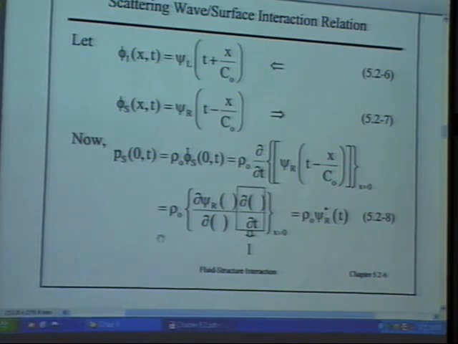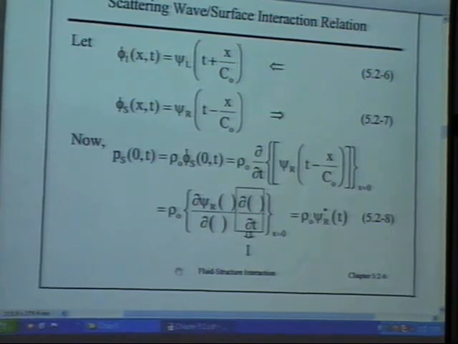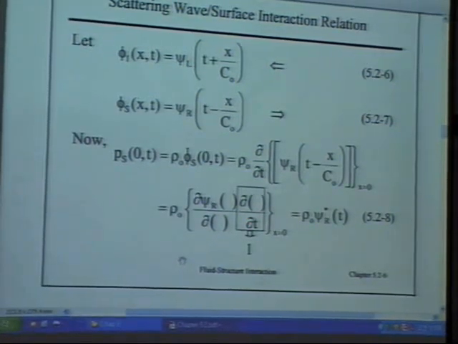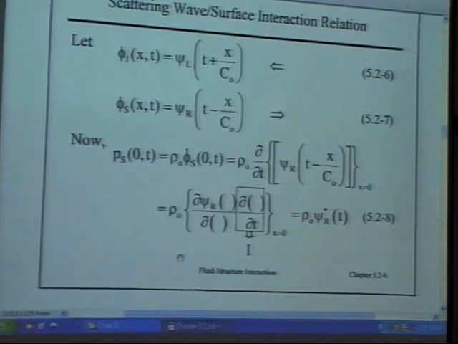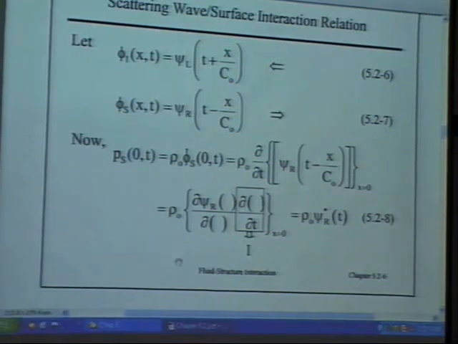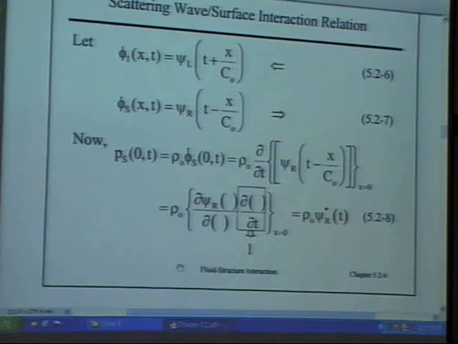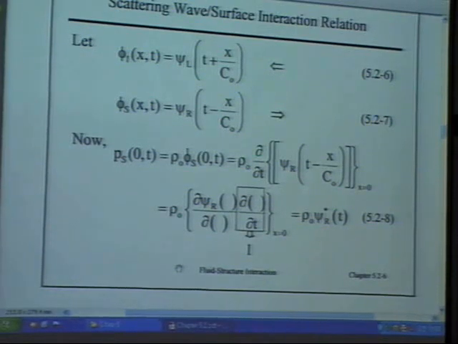So in this case, psi s is scattering, to be expressed using u s, scattering through the particle velocity. So over here, all I did is use this relationship.